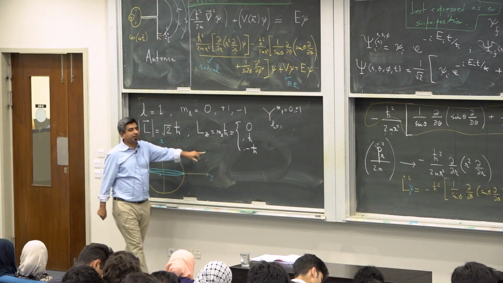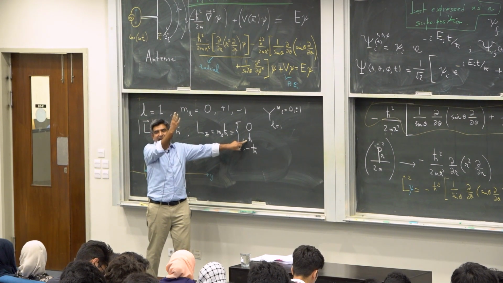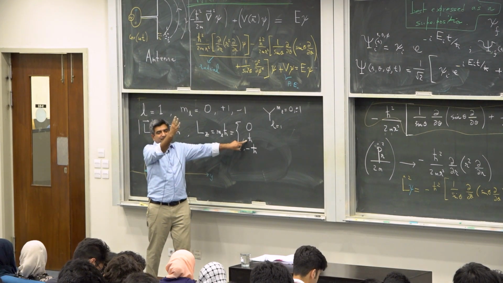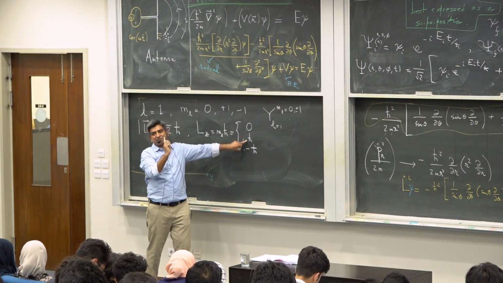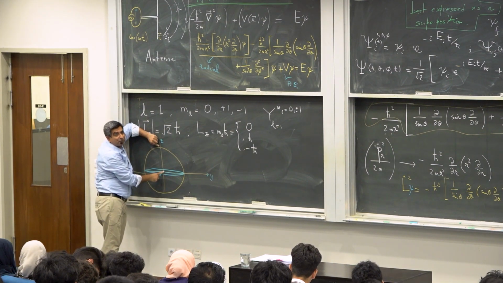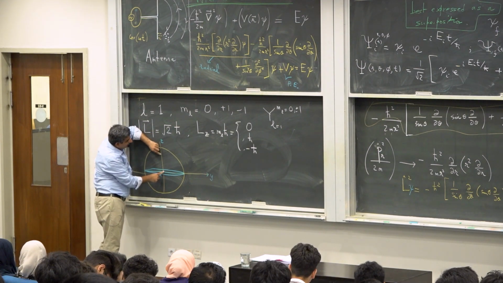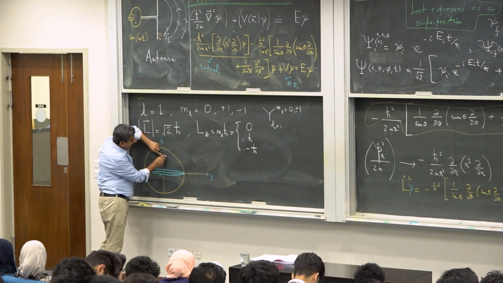But I could also be at an angle such that my z component is h bar. Now all of this is square root 2 h bar, 1.4 h bar. So 1 h bar will lie somewhere here.